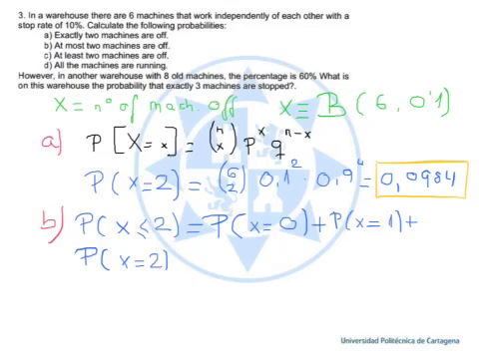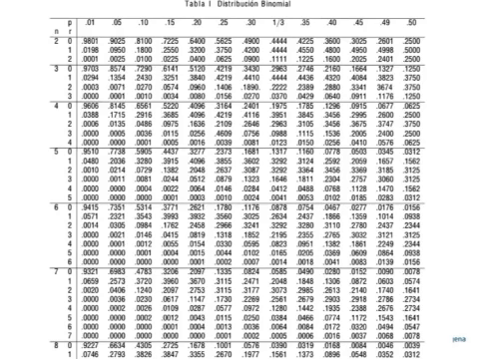In order to make the calculus simpler, we are going to look for the values in the tables. Here we have a binomial distribution table and we are going to find the probabilities we need. Remember that the number of experiments was 6, so we are going to look at this part of the table.